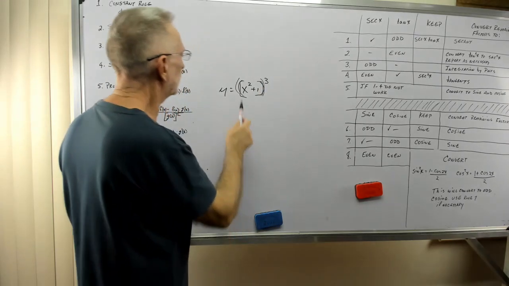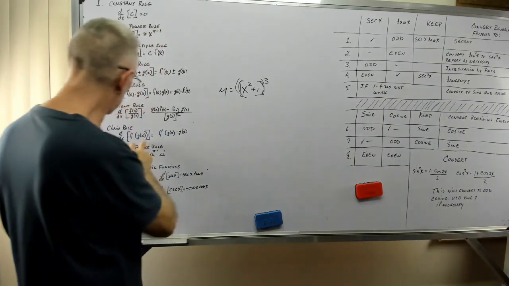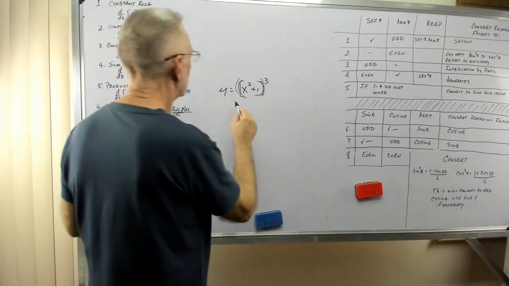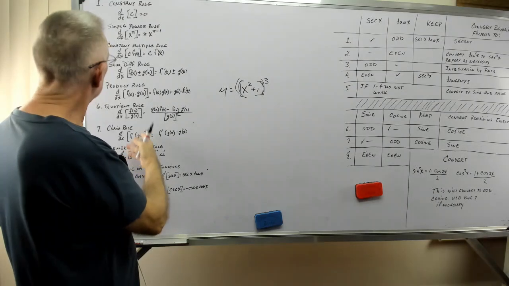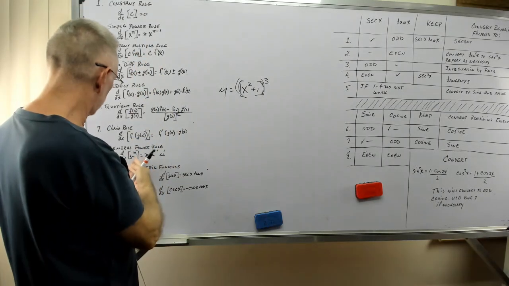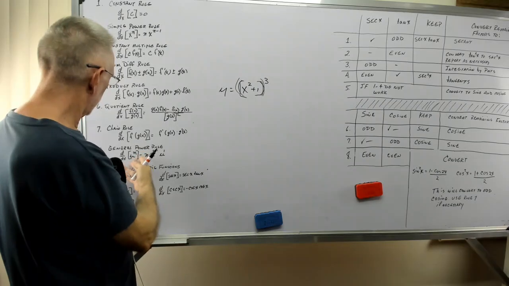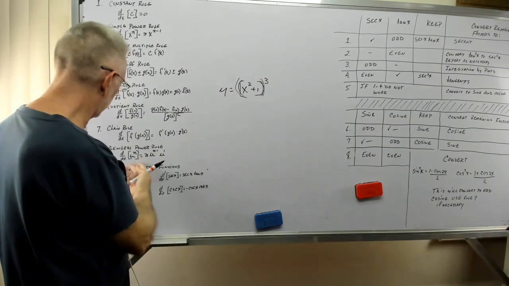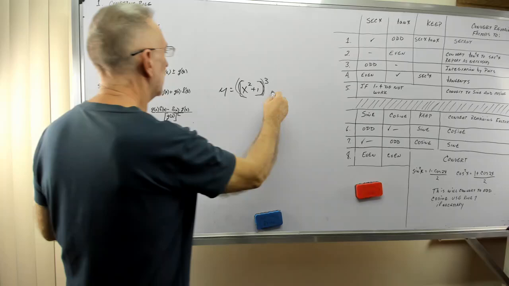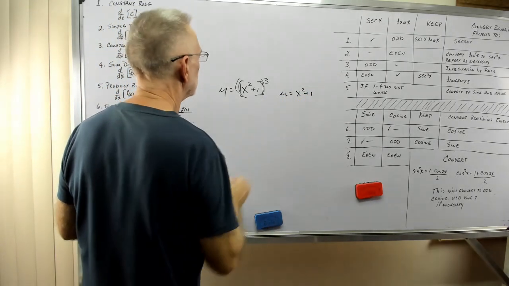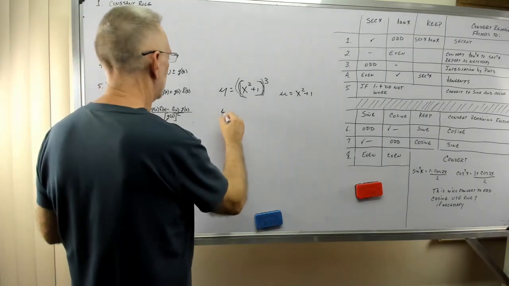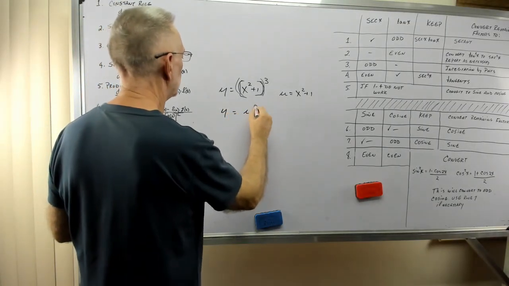So I need to take the derivative of the outside function first. Well, I end up using the general power rule. And I guess I should talk about that before I go on. If you let u equal x squared plus 1, so if I did that, y equals u cubed.